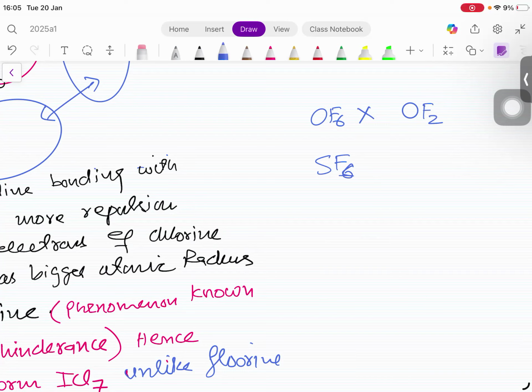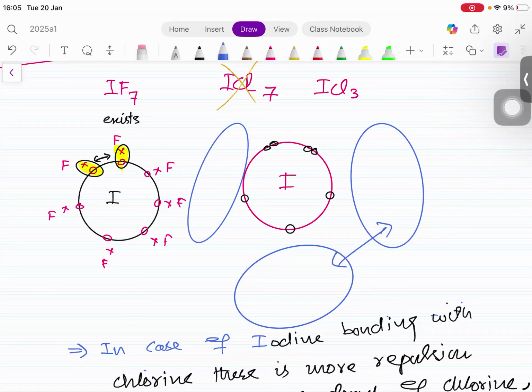But when we placed chlorine around the iodine, it was not possible to place 7 chlorines, because these chlorines have valence electrons which are repelling each other, and the chlorine size is bigger. Down the group atomic radius increases. So this repulsion between the chlorines, I'm naming it steric hindrance. Because of steric hindrance, there is not enough space available around the iodine, so the iodine cannot make ICl7.